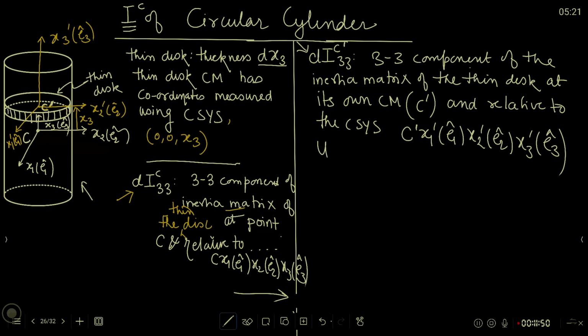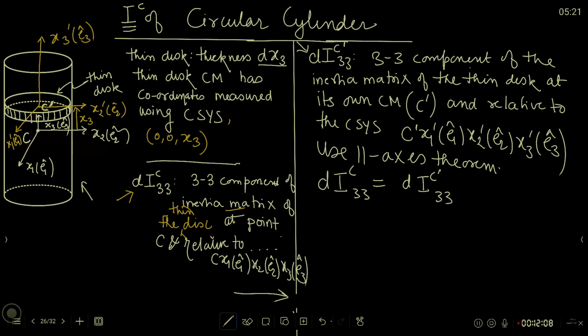Use the parallel axis theorem. I can relate DIC33 to DIC prime 3-3 plus dm, the mass of the disk, right?